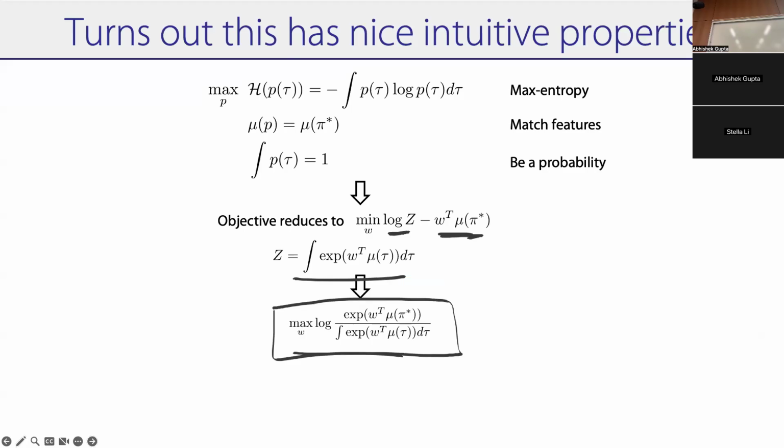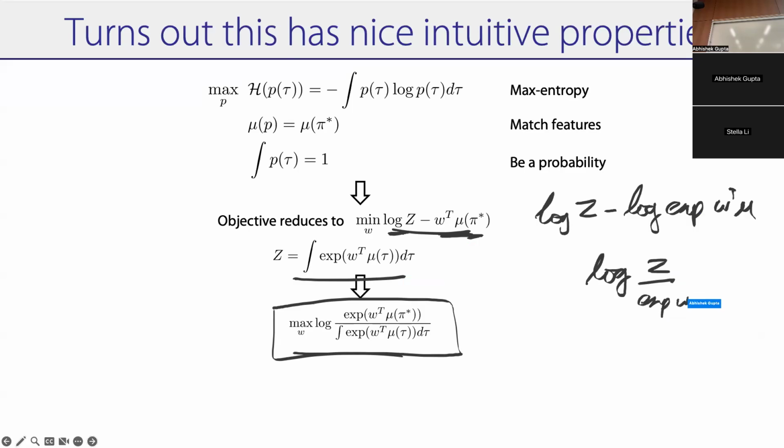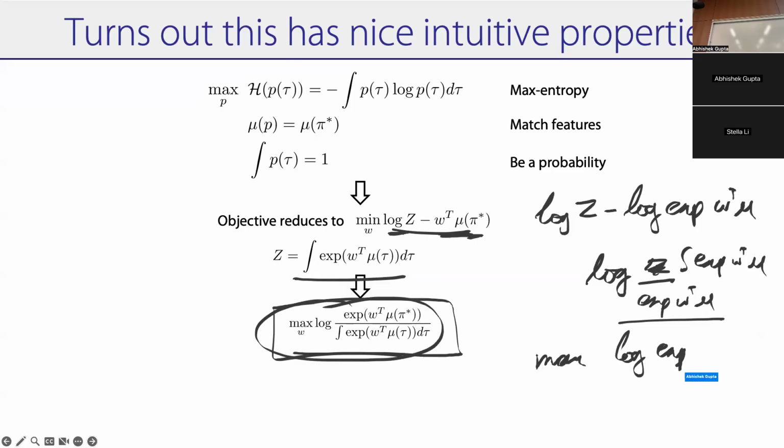The easy way to think about this is that you can rewrite it as log z minus log x W transpose mu, so log of z divided by x W transpose mu, where z is the integral of x W transpose mu. So you can think of this minimization as the maximization of log of x W transpose mu divided by the integral of x W transpose mu. This z is often what you call a partition function.